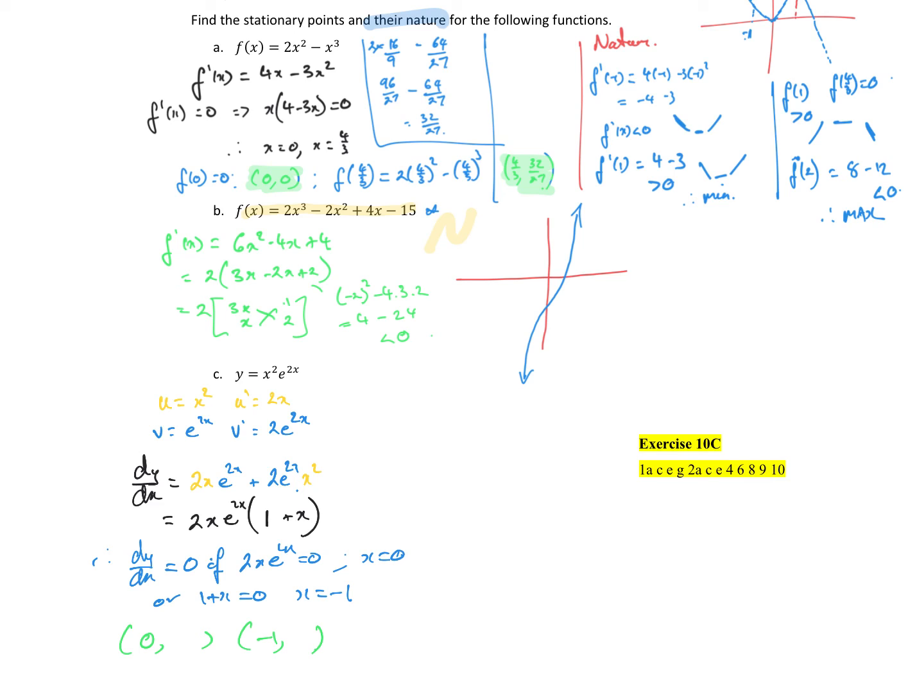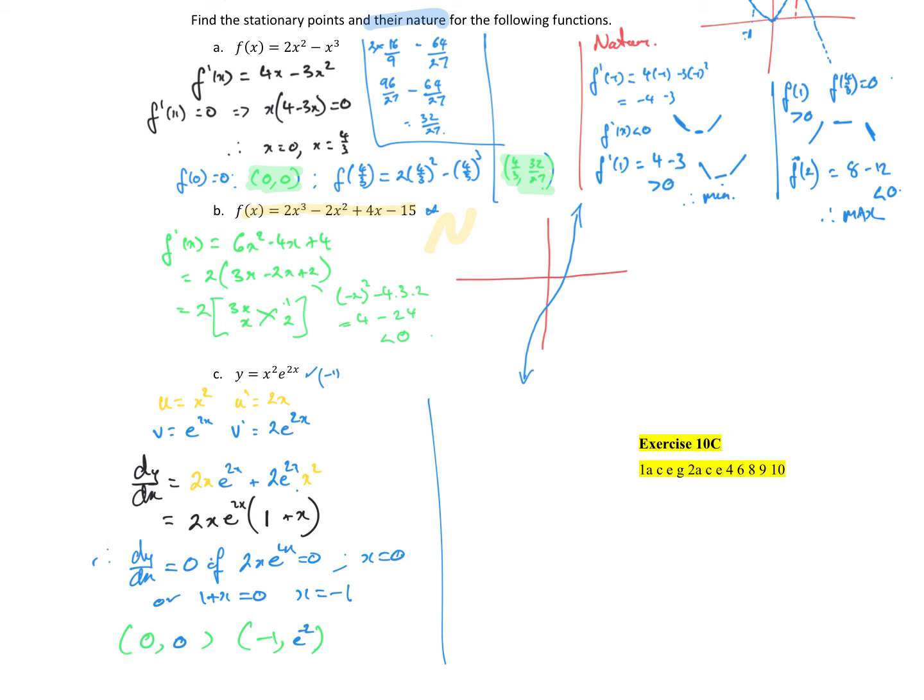Corresponding y value, if I put 0 into that equation there, I get e to the 0 times 0, which is just 0. If I put negative 1 in there, I get negative 1 squared, which is 1, 1 times e to the minus 2, which is just e to the negative 2. So they're the actual coordinates of my turning points. So let's find their nature.